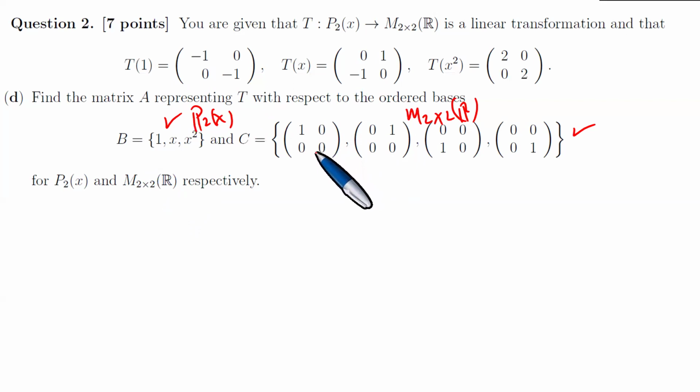Now, there are a couple of things that you need to take into account. The images of T of 1, T of x, and T of x squared have already been given. Simultaneously, any polynomial of the form ax squared plus bx plus c can be written like that. We've already seen the formula there.